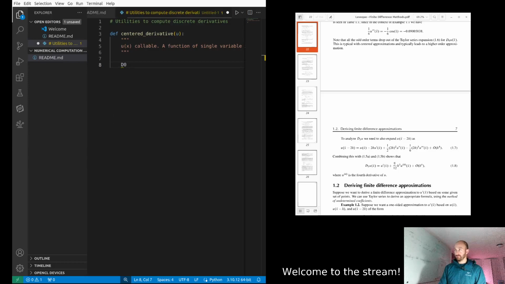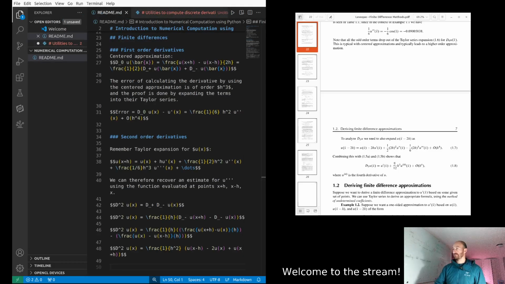So d0 u. I'm hesitating whether we want this or it's going to be a lambda function that, given a given x, it will return what? So it should return the u of x plus the center derivative, right? So let's take a look at what that looks like.